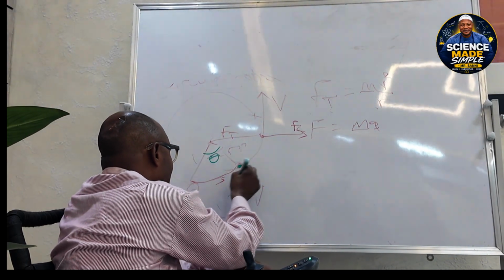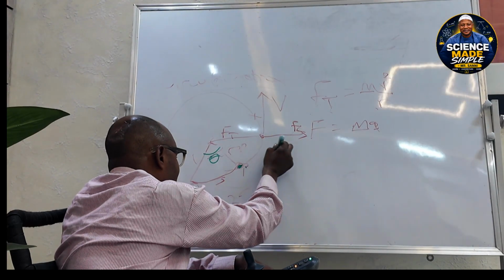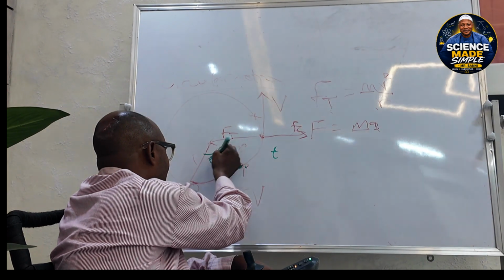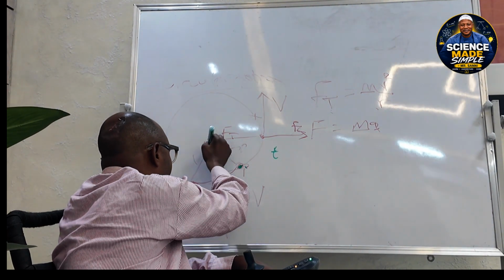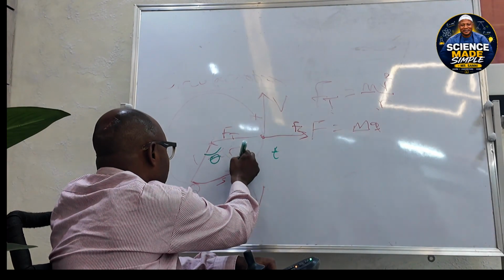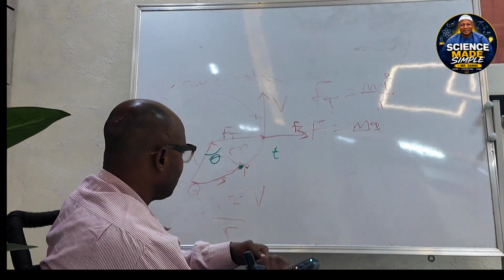The time for the movement is T. It moves from P to Q and subtends an angle of theta. The radius of the circle is R. Now, this PQ is the length of the movement.